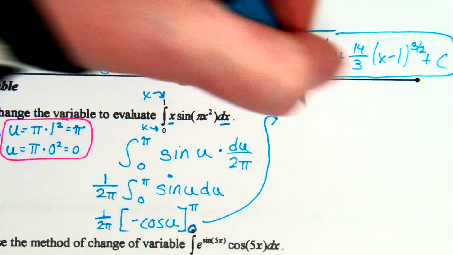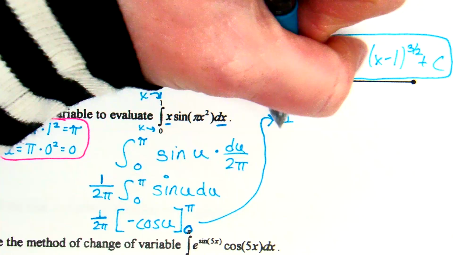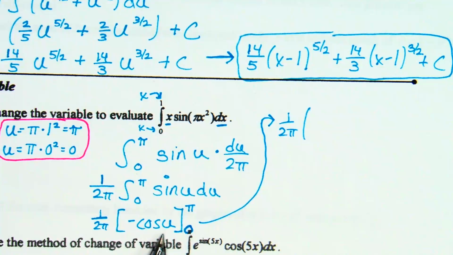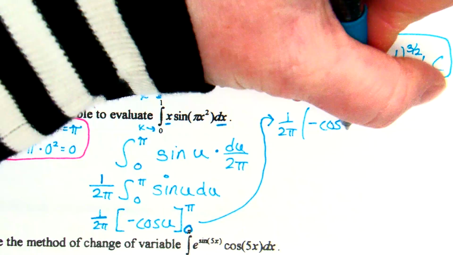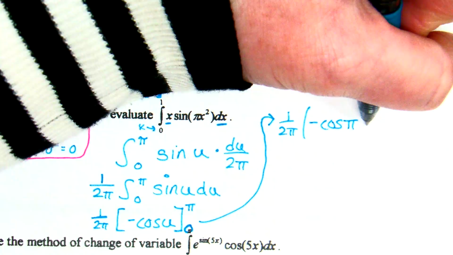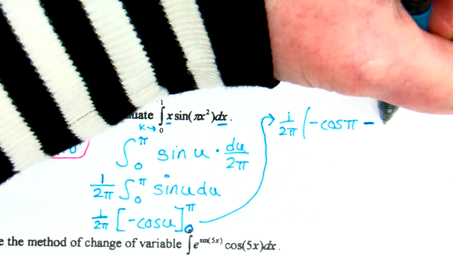So 1 over 2 pi times, how does this work? How do I evaluate it? We're going to put pi in, negative cosine of pi, and then what do we do when we're evaluating integrals? Subtract, and then it's negative cosine of 0.